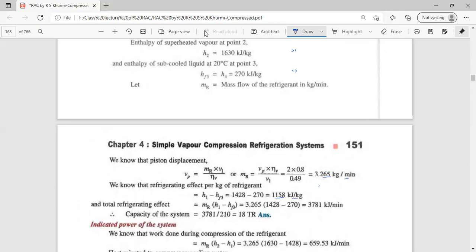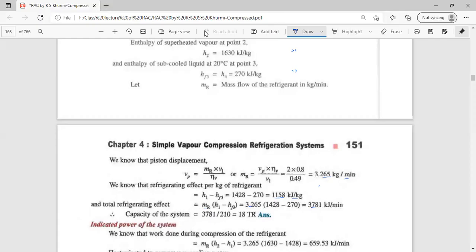1158 kilojoule per kg, and the total refrigerating effect, which is the mass flow of the refrigerant multiplied by the heat transfer during the refrigeration process, is calculated as 3.25 multiplied by 1.58. So this becomes 3748 kilojoule per kg.